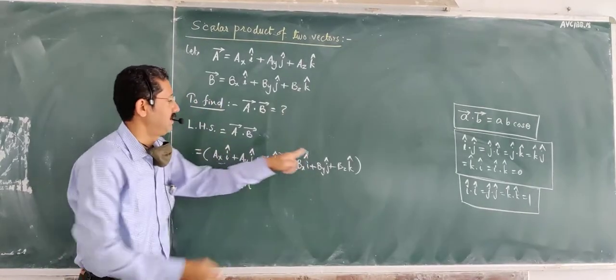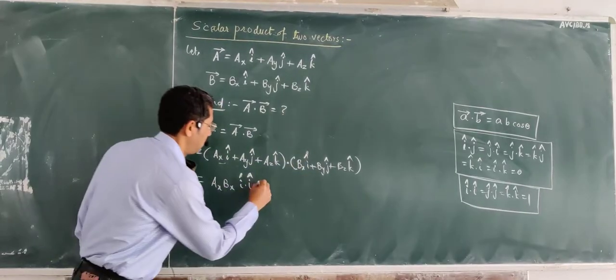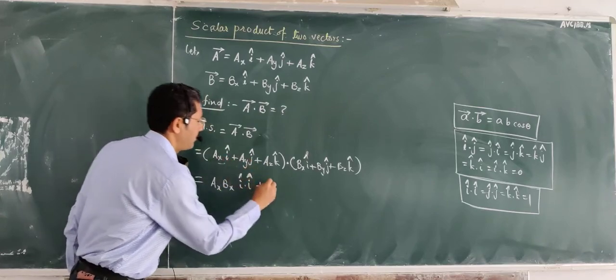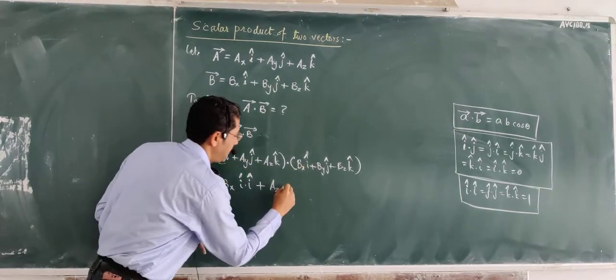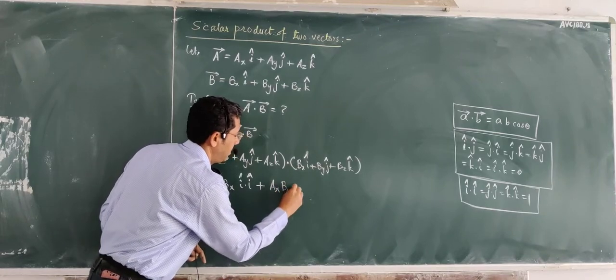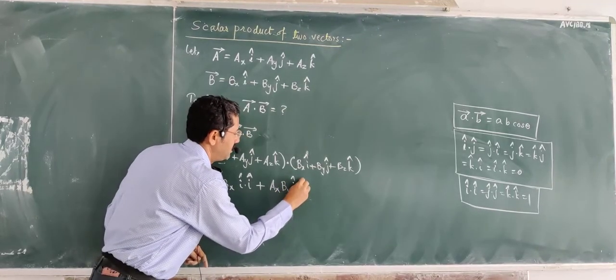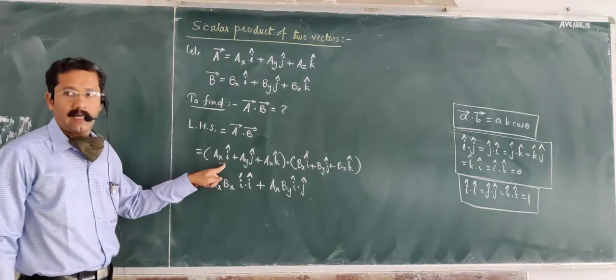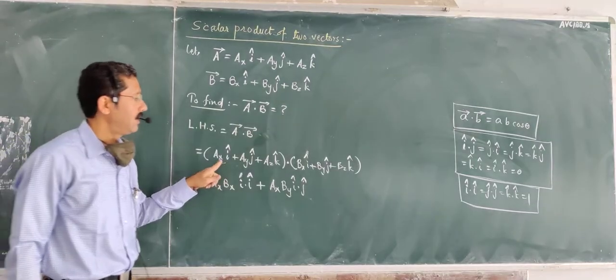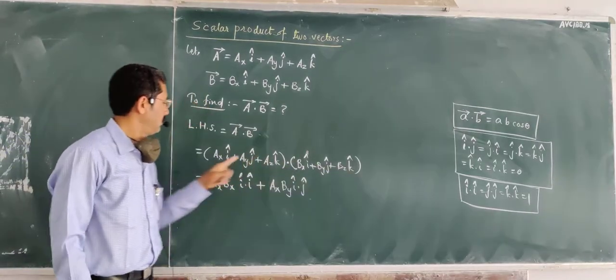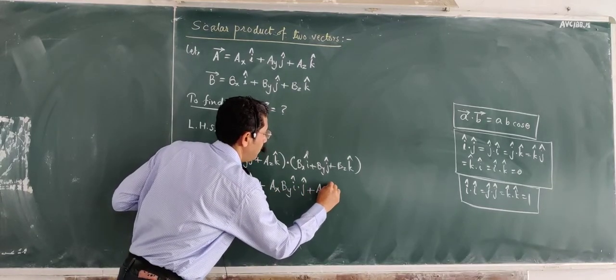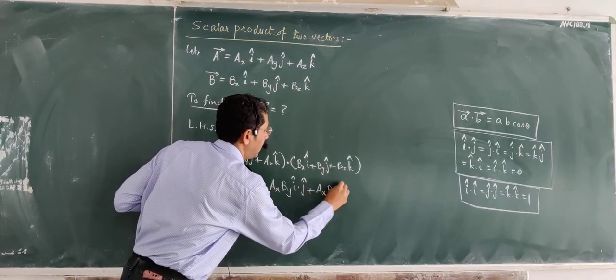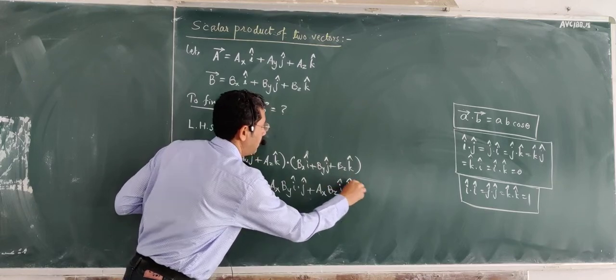Now this first term with the second term here: plus AX BY I dot J. I am keeping this fixed. Now this with the third: plus AX BZ I dot K.